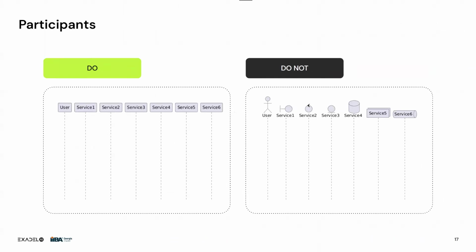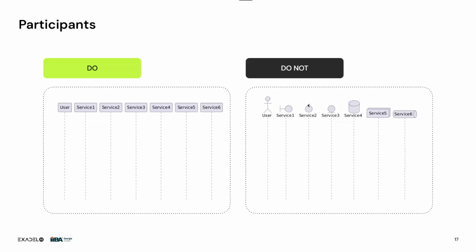Let's start with participants. Keep participant declarations simple. All three languages allow you to represent participants as databases, collections, entities, controls, and more. While these shapes may look expressive, they introduce an additional visual layer that many stakeholders do not actually interpret correctly.